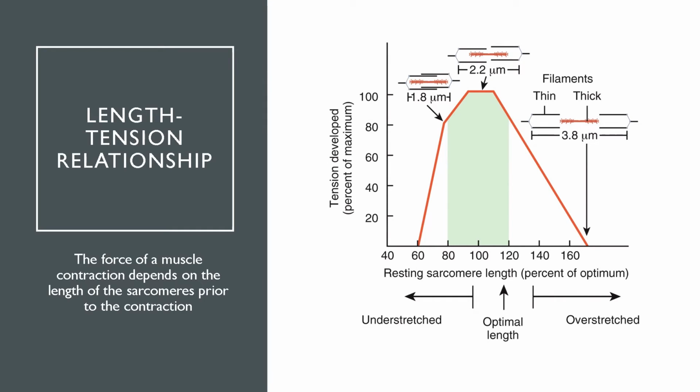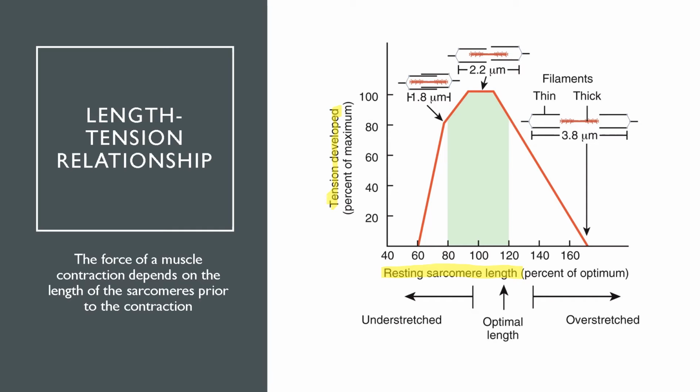This figure here shows the length-tension relationship of skeletal muscle, which indicates how the forcefulness of muscle contraction depends on the length of sarcomeres within a muscle before contraction begins. So here we have the resting sarcomere length. So this is going to be the length of sarcomeres within a muscle before contraction begins. And here we have the developed tension on the y-axis.